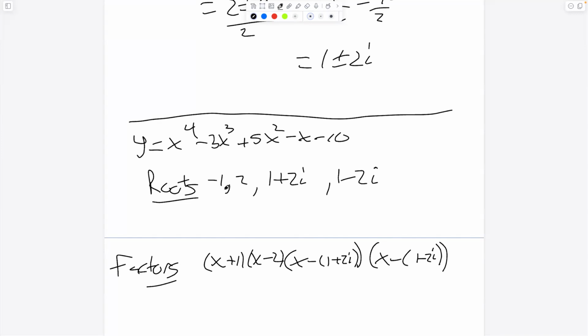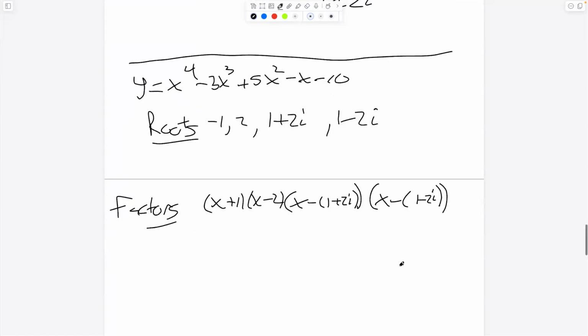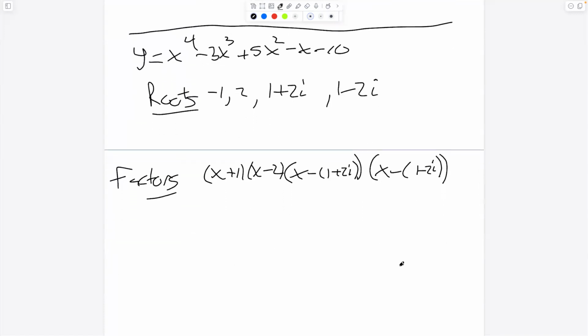Fourth degree polynomial has 4 roots, going to have 4 factors, not necessarily 4 x-intercepts. These guys will not give me x-intercepts because they're complex. They don't show up in the real plane. These will. So my x-intercepts will be (-1, 0) and (2, 0).